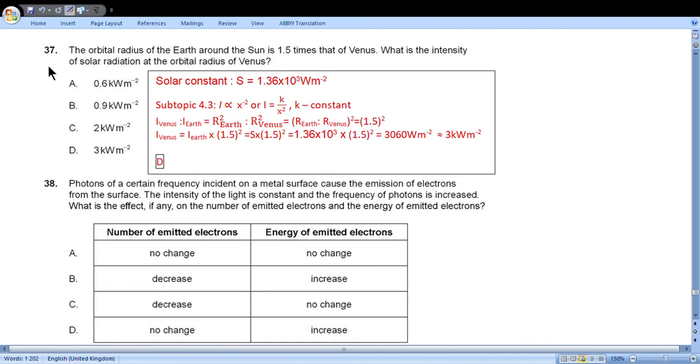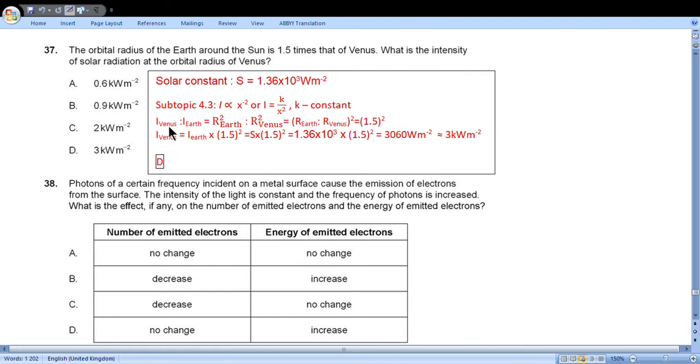37. The orbital radius of Earth around the Sun is 1.5 times that of Venus. What is the intensity of solar radiation at the orbital radius of Venus? The solar constant is given in the data booklet, and it is the intensity falling on Earth. Subtopic 4.3 tells us that I equals k over x squared, where k is a constant.